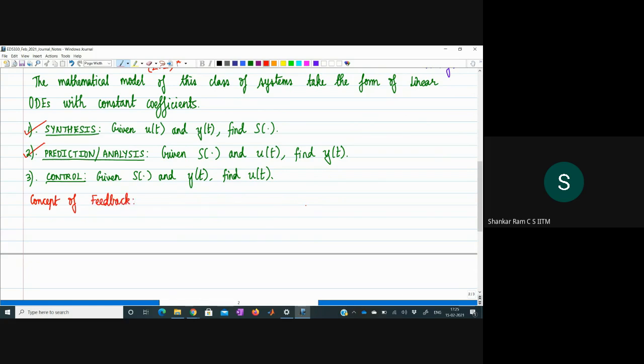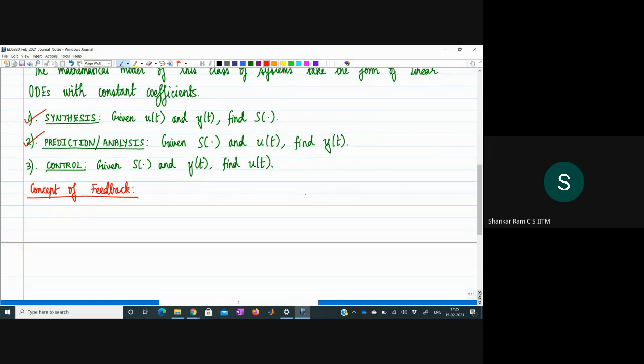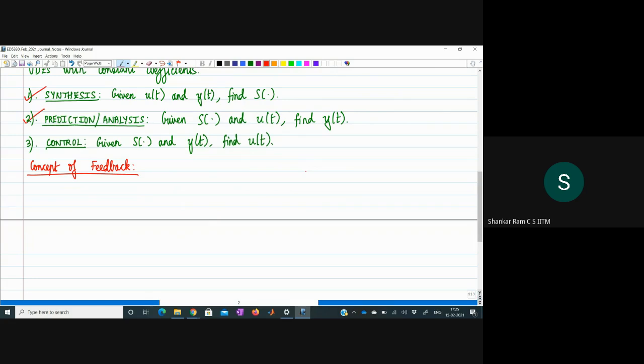What is this feedback? As the name suggests, it is figuring out information on the variable that we want to regulate, and using that information to correct our system input such that we get the desired output from the system.